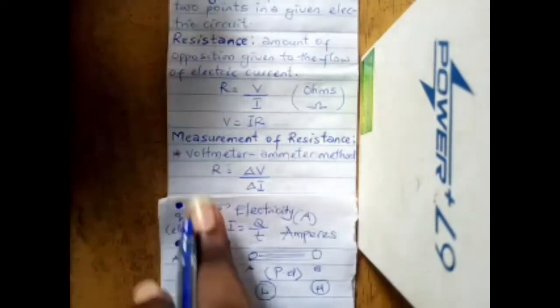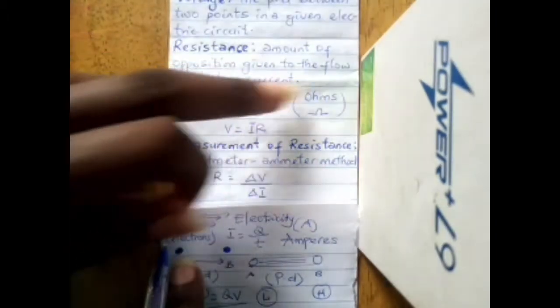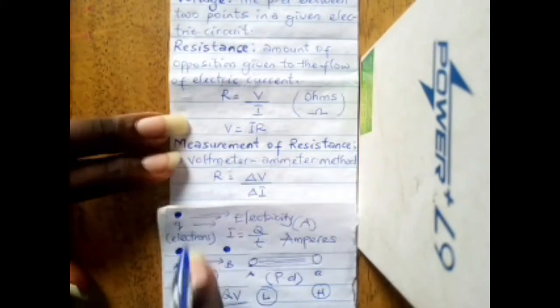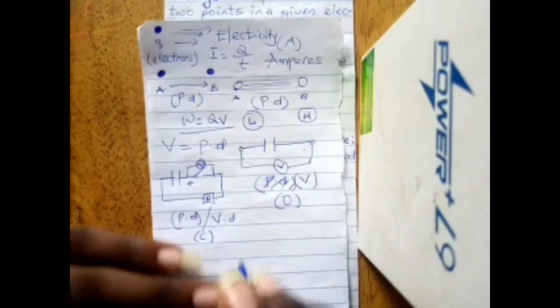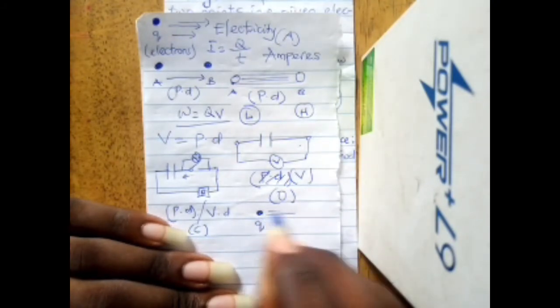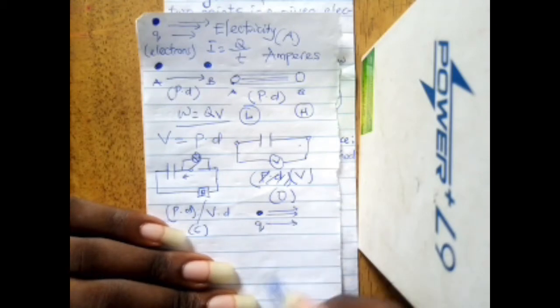So now we're looking at what a resistance is. The amount of opposition given to the flow of electric current is what we refer to as resistance. I told us earlier on we have a charge Q. Now the flow of this charge Q brings about electricity.